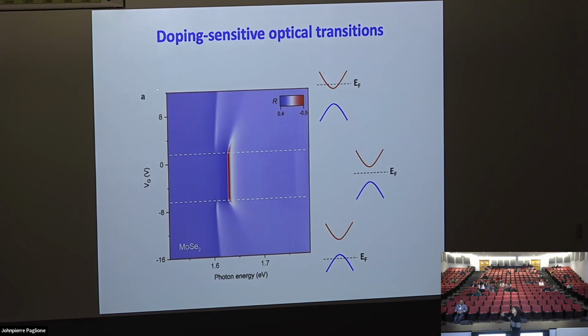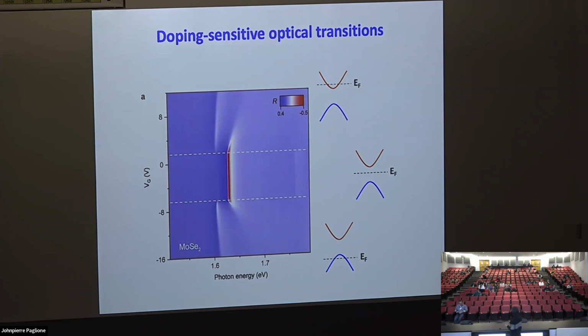But now if you push your gate, you electrostatically dope this material, either electron doping or hole doping, you can see that this very strong peak is immediately quenched. And you see a redshifted one, and then the remaining one is blueshifted.